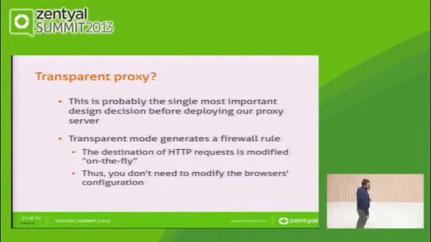The first and maybe most important decision that you have to take when you want to deploy a proxy is whether it will be transparent or not. Each decision has advantages, pros and cons. With the transparent proxy, the connection is caught by the firewall on the fly and redirected through the proxy. So it's an implicit redirection.